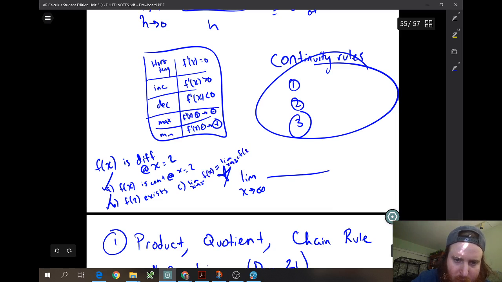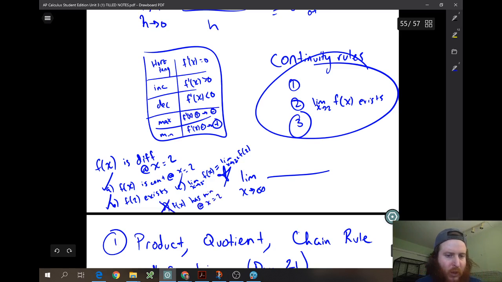We do, because that's going to be the second rule: the limit as x approaches 2 of f of x exists, but the way we find that is what I just wrote in C. Now, do we know that f of x has a minimum at x equals 2 if I just told you that it was differentiable? No, we do not know that. We only know that it's continuous, and because we know it's continuous, we know about those three rules. So that could kind of appear on the multiple choice.